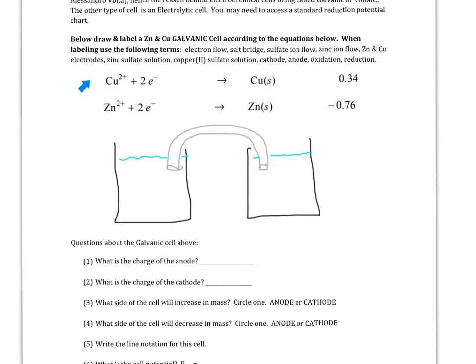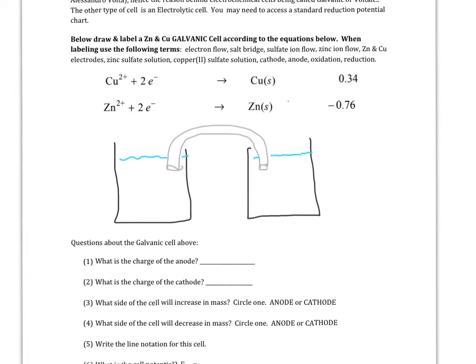So if we flip the copper equation, we would have a negative 0.34, and a negative is a negative. That's not going to work for us. But if we flip the zinc one, we would have a positive number, and then we would add those numbers up, and we would get a positive number. So the zinc must be flipped to be an oxidation, and this one remains this way to show reduction.